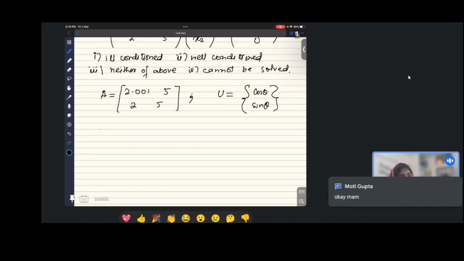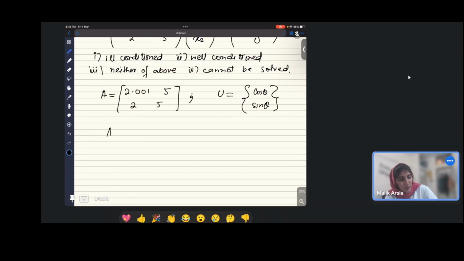Now what will be the value of AU? It will be 2.0001 cos theta plus 5 sine theta, and the second will be 2 cos theta plus 5 sine theta.